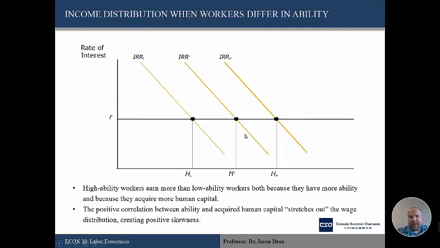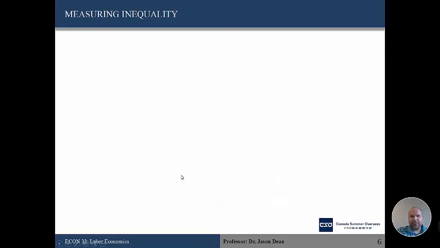In this example, the first line represents a worker with low ability, then maybe medium ability in the middle, and high ability. If they're all facing the same market or discount rate, they're going to get different levels of human capital, and they're going to get higher wages, and so this is going to stretch out the wage distribution.